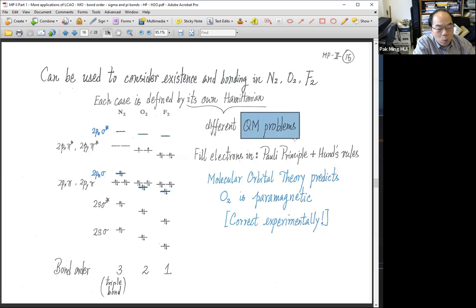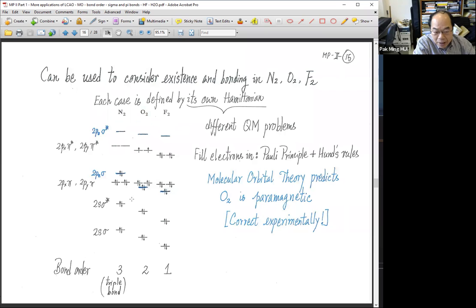So there is no one pattern that serves all atoms and molecules. So as you see, actually, the alignment changes as you go across the periodic table to heavier atoms in the 2p row, forming diatomic molecules.